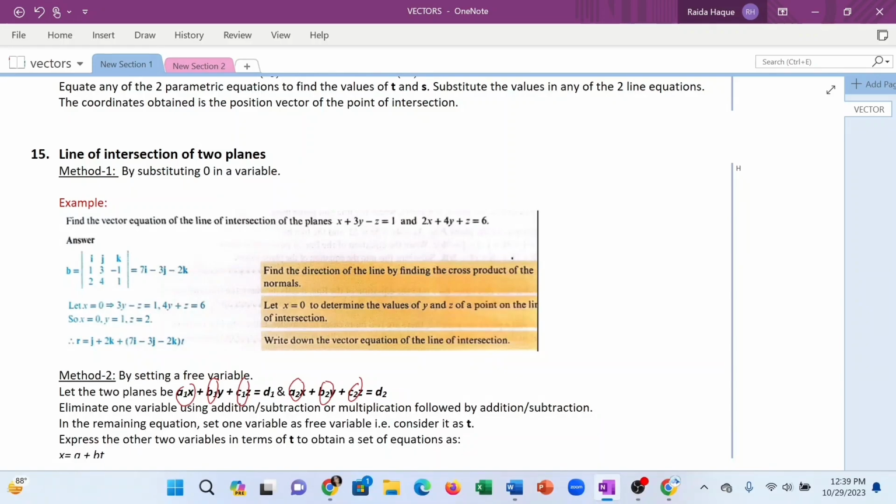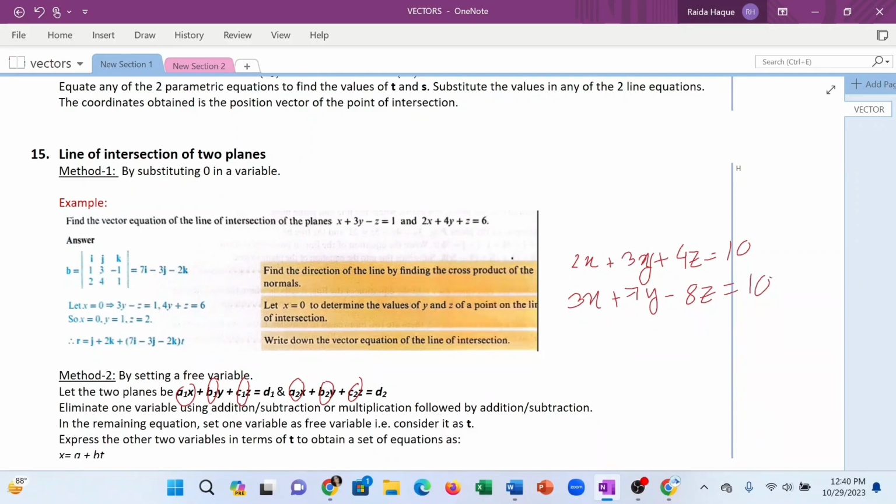We multiply and then we do addition or subtraction. So let's say we have 2x plus 3y plus 4z equals 10. And then we have another equation, 3x plus 7y minus 8z equals 10.